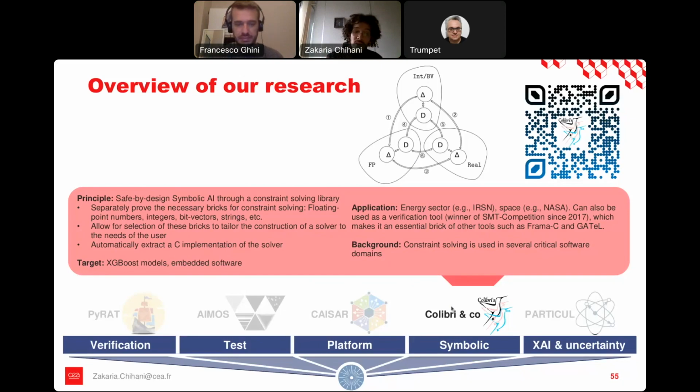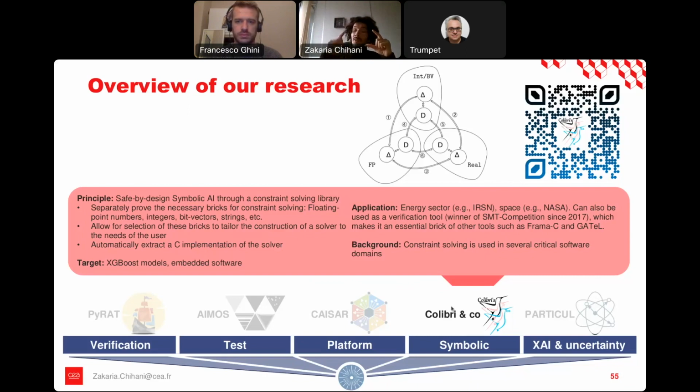It's that we encode the different bits of a solver into a proof platform called Why3, for those who know it. And this platform allows you to verify code using a set of solvers.